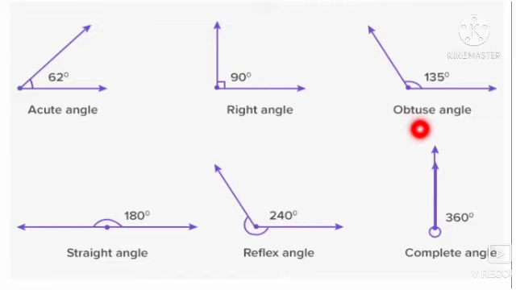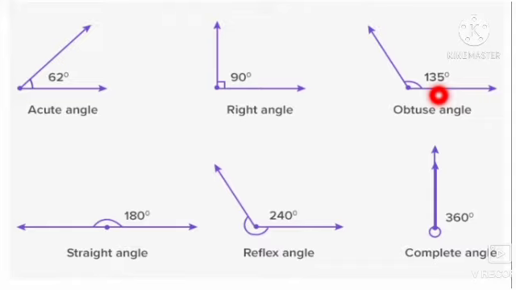And the angle greater than 90 and less than 180, that is the angle between 90 and 180, is said to be an obtuse angle. Here is an example of an obtuse angle.